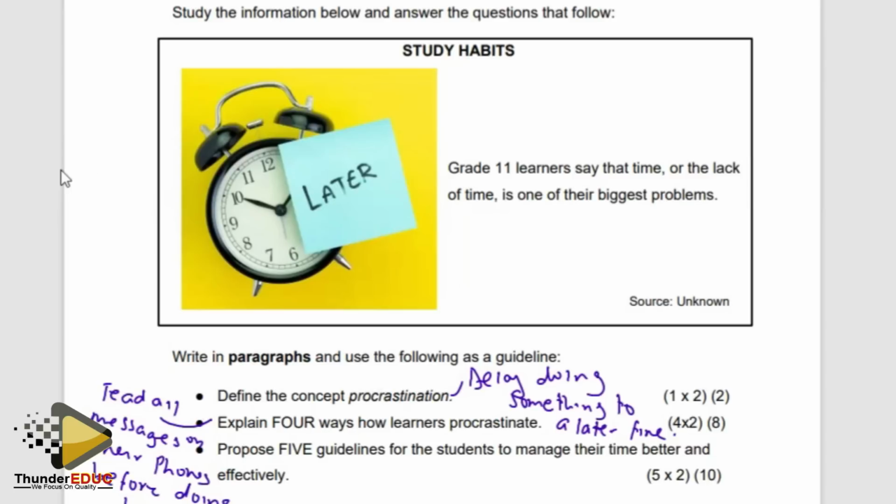Okay. Another way how learners procrastinate, right? They pack their cupboard before starting to study for a test. They play games before doing the actual task. They tell themselves they can still do it tomorrow because the task must only be in a day after tomorrow.